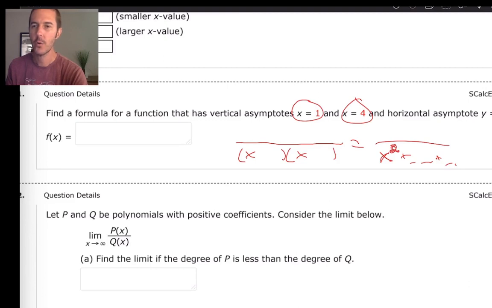And if you want a horizontal asymptote of 1, then when you divide your numerator and denominator both by x squared, the result after you apply the limit is going to need to equal 1.